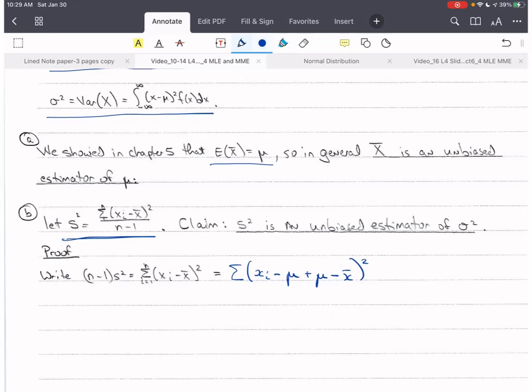So now what we're going to do is group within the summation. So I'm going to use a bracket here. And then we'll have xi minus mu plus mu minus x bar, quantity squared. Okay, so that's how we start.